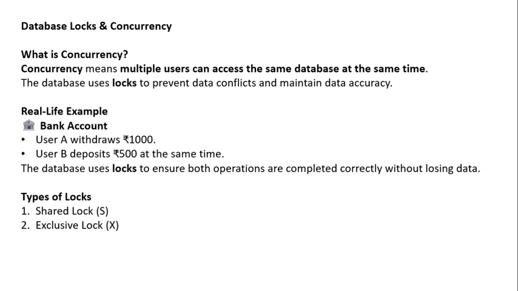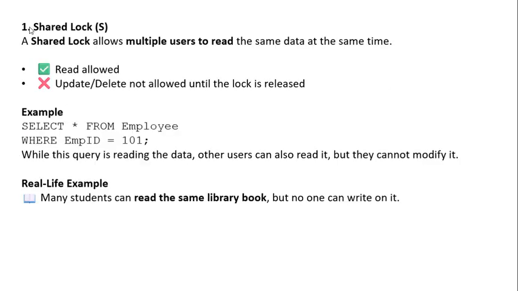Let's explain in detail. The first type is the shared lock. A shared lock allows multiple users to read the same data at the same time. Reading is allowed, but update and delete are not allowed until the lock is released.